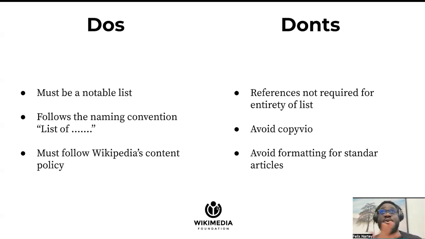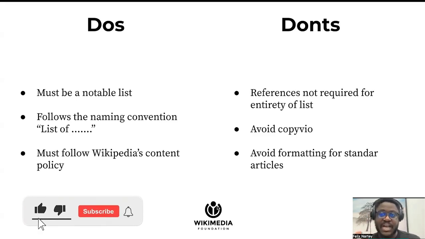So you don't say because you are writing a list, you just copy and paste things from other sites and then that's it. You have to follow the principles of Wikipedia still on this, which is by ensuring that whatever you're putting there is verifiable. At least there can be a source to prove, and then also ensuring that it is written in a neutral point of view. It is not written in a language that feels like it's marketing or a language that's embellishing a particular thing that you're writing about.